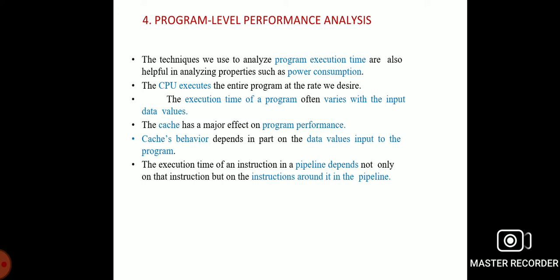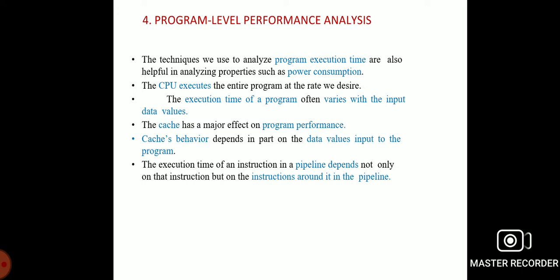The CPU executes the entire program at the rate we desire. So program performance measurement is an important thing, so that we can finalize the solution for each individual executed operation.